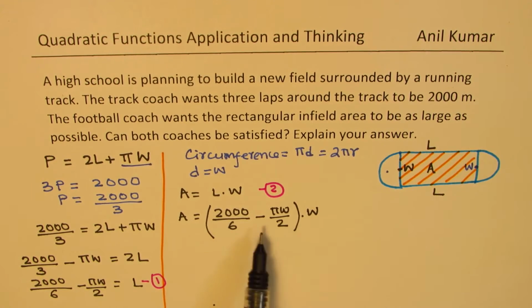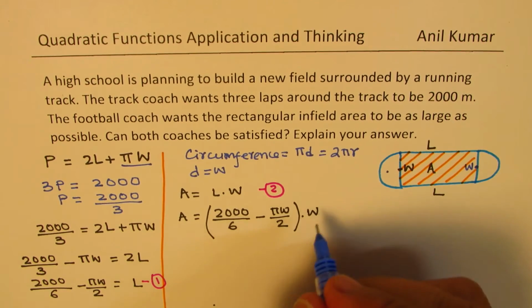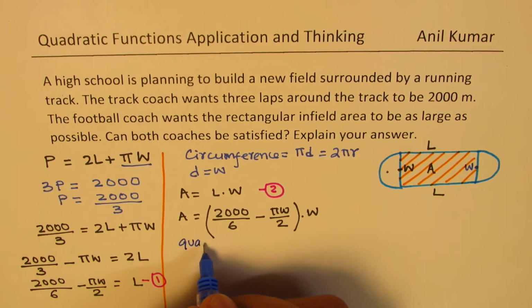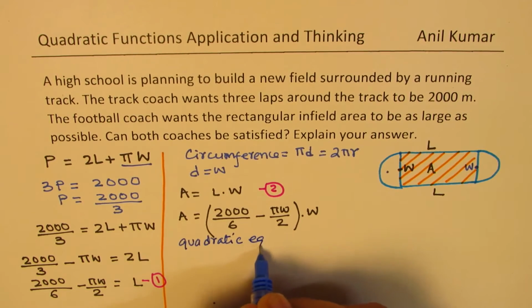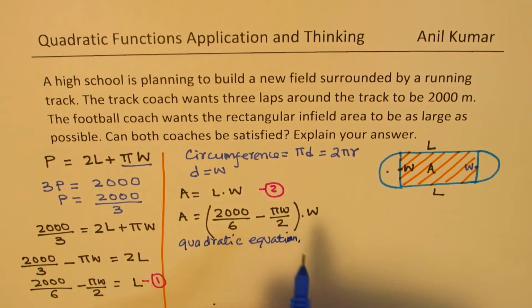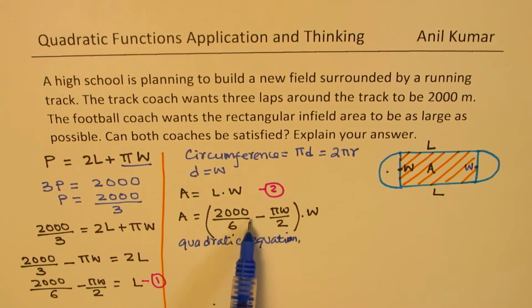Now this is like a factored form. This is a quadratic equation in W. So how do we get the maximum from here? Well, clearly it has 2 zeros, as you can see from here.